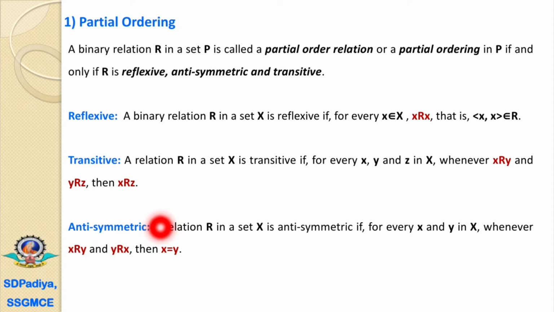Now, if any relation is reflexive, antisymmetric and transitive, then we call this relation a partial order relation or a partial ordering in P.